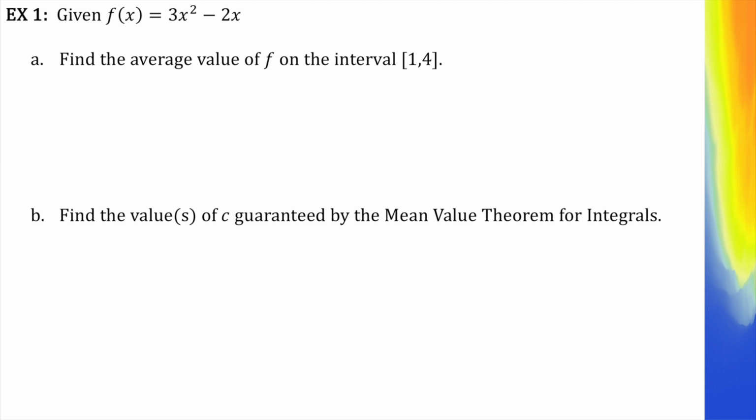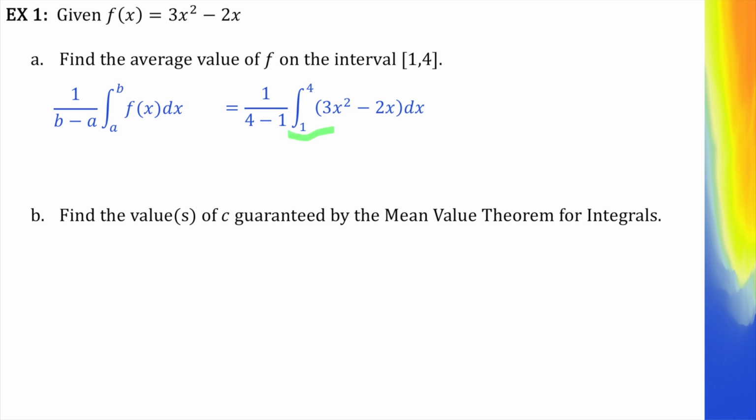Example 1. Let's find the average value of f on the interval from 1 to 4. So to do that, we're going to find the area under the whole curve and divide it by the width of the interval. So we'll find the area from 1 to 4 and then divide it by 3, which is the width of my interval from 1 to 4.